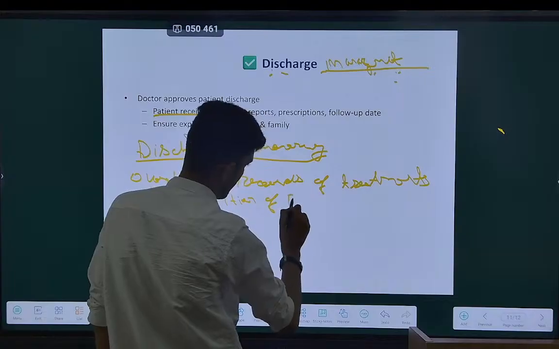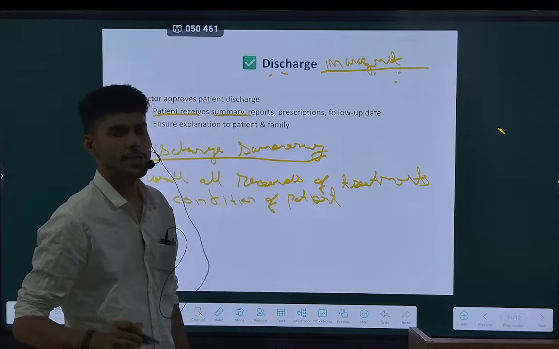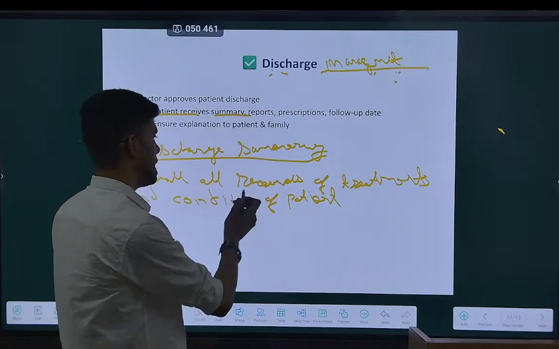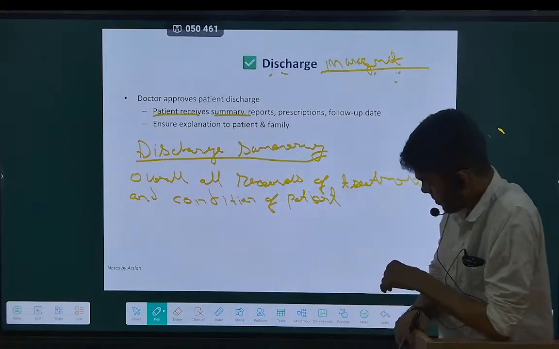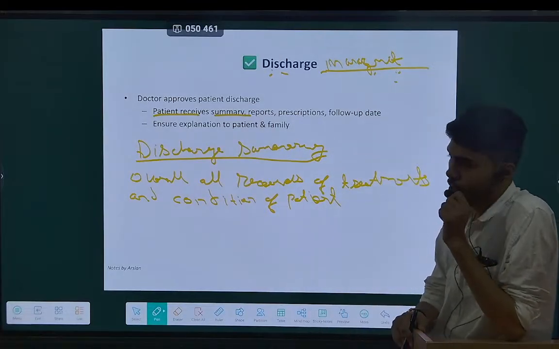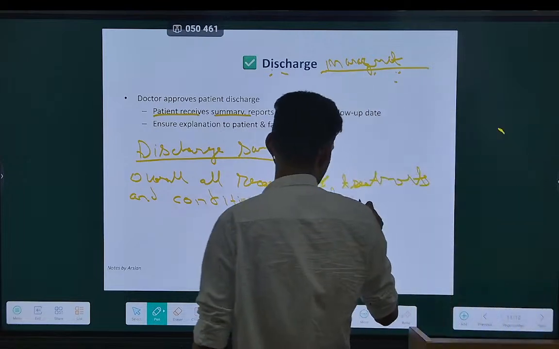Discharge summary में सब कुछ लिखा हुआ होता है. Everything is written there. Whatever treatment the patient has taken, or what is his current condition, what condition he had come in, it's all written in brief.